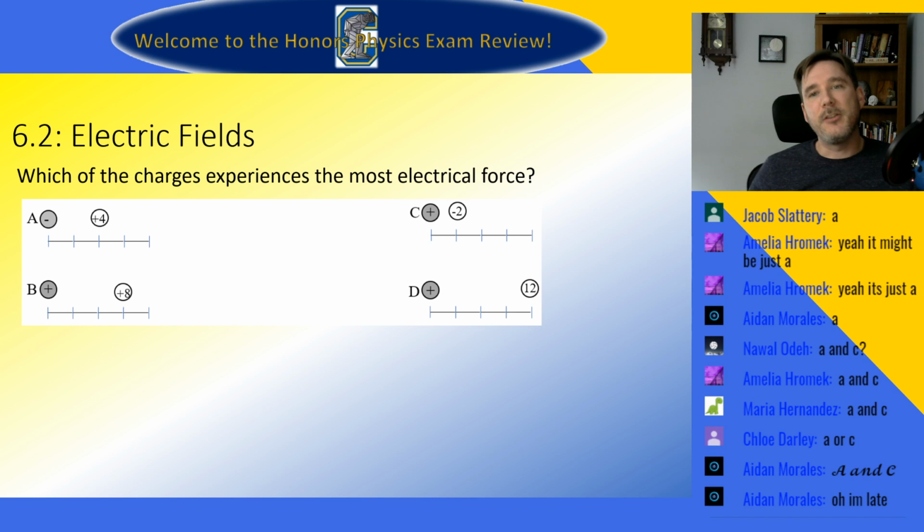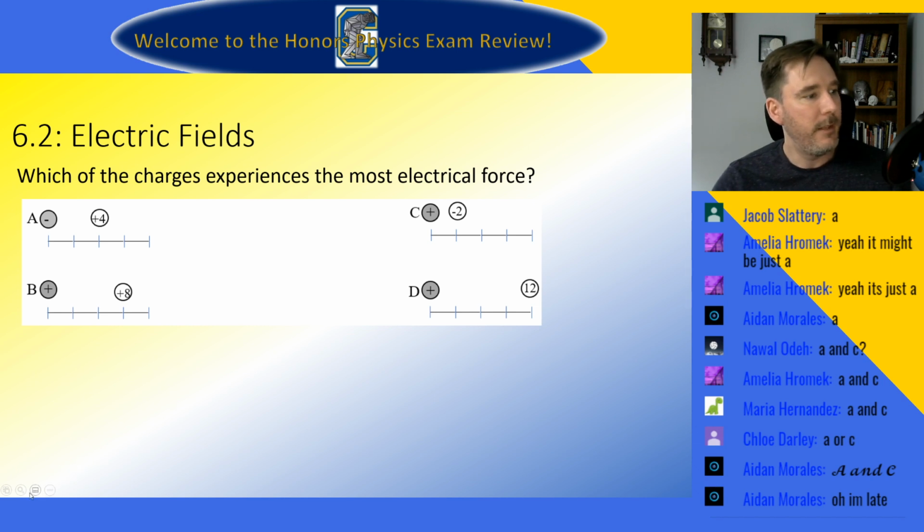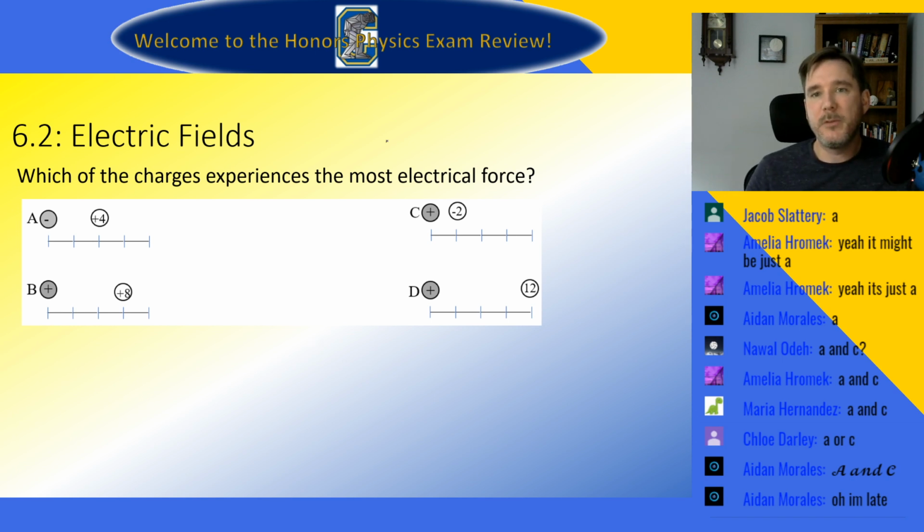All right, these types of questions. So while I'm changing the color of the thingy, think about it. Which one is it? Which one's going to experience the most electrical force? All right. So we did this as an opener in class one day. I don't think it was the same exact one.